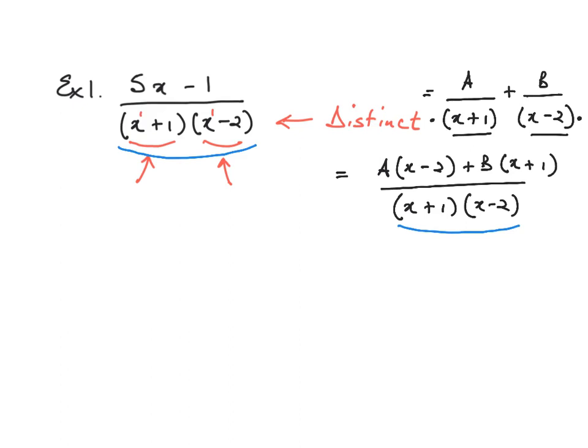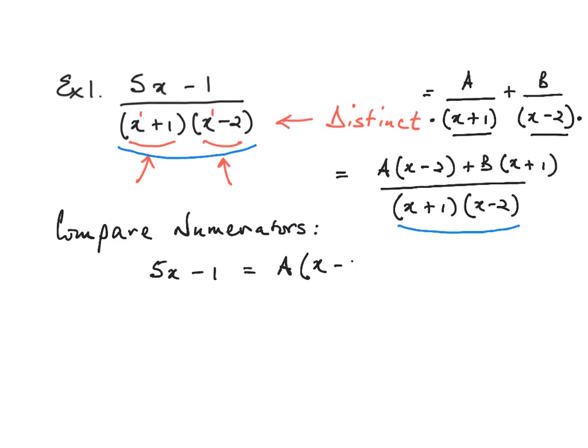So what we're going to do is to compare the numerators. And on the left hand side of the equal sign I have 5x minus 1, and on the right hand side I have a lots of x minus 2 plus b lots of x plus 1.